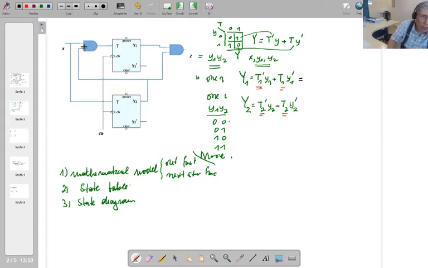T1 is x times y2, isn't it? x y2 is T1, so the prime of it, multiplied by y1, plus T1 itself, x y2 that is, multiplied by y1 prime.